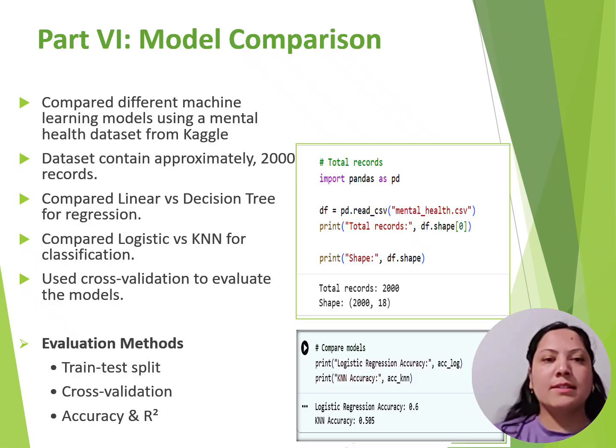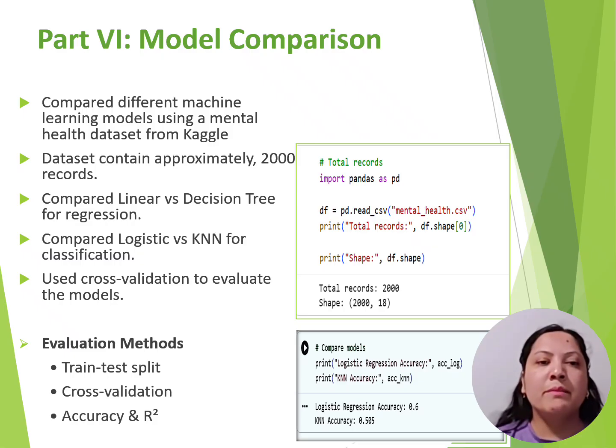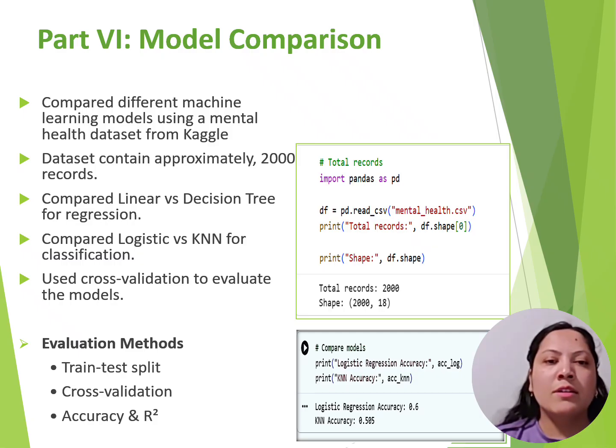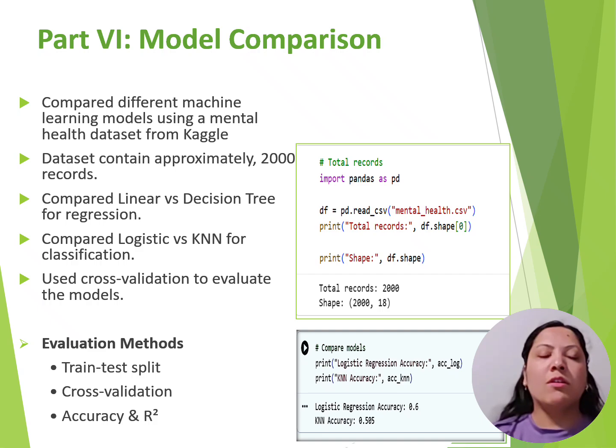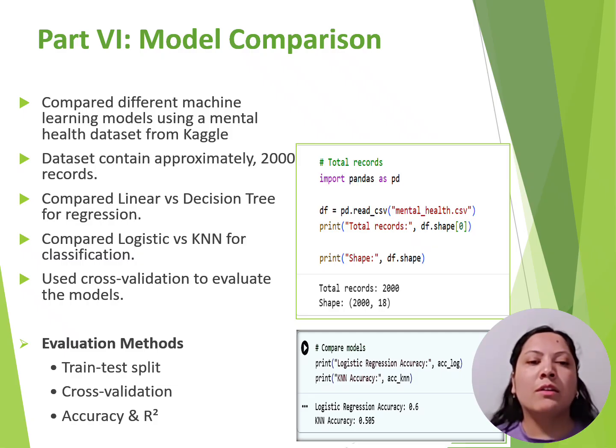For part 6, model comparison, I compared different machine learning models using the mental health data set. I got the data set from the Kaggle website. This data set contains approximately 2000 records. Here I compared linear regression versus decision tree for regression, and then I compared logistic regression versus KNN for classification.